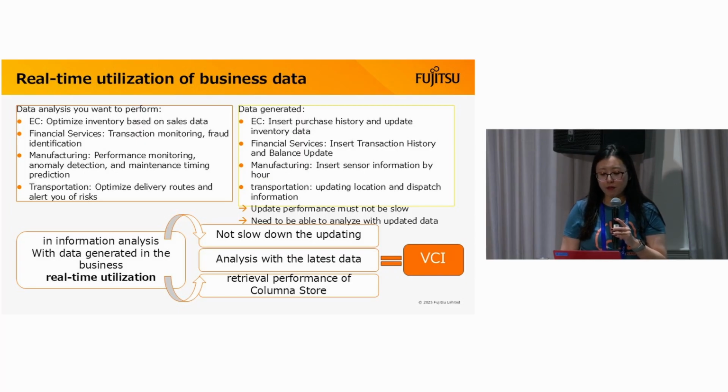In the manufacturing industry, information from the sensors monitoring the machines is inserted one after another. In this way, data generated in the business is always inserted into or updated in tables.